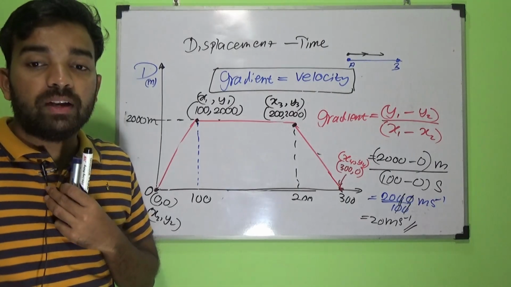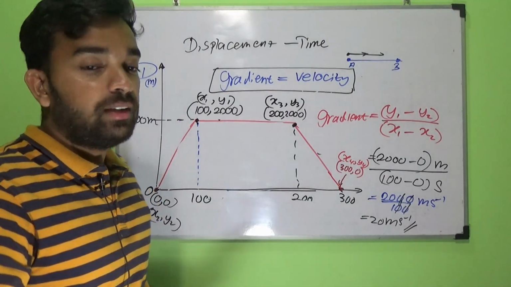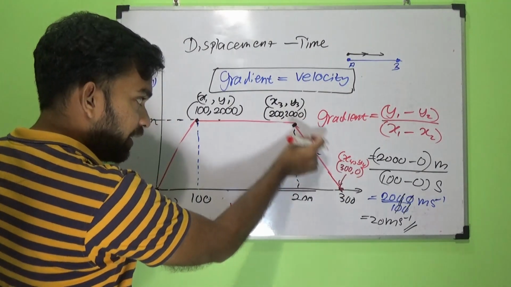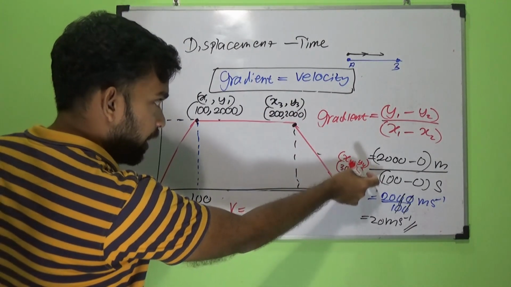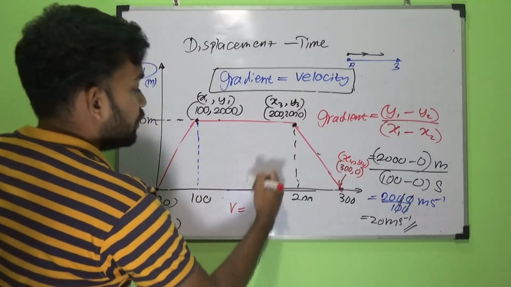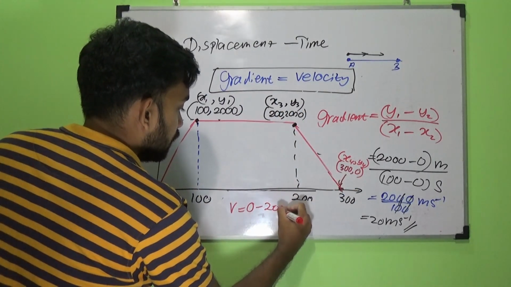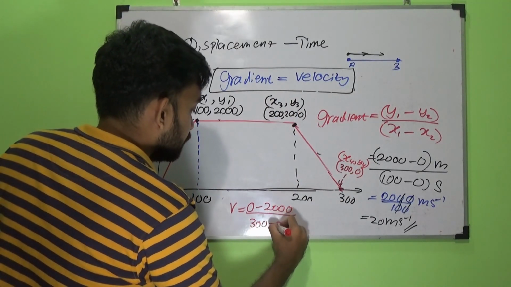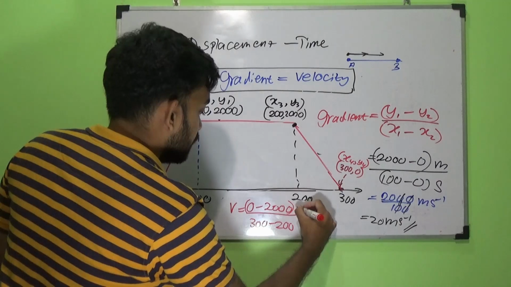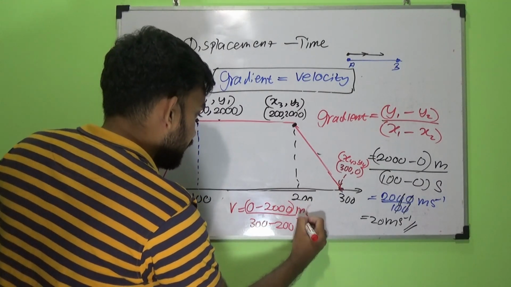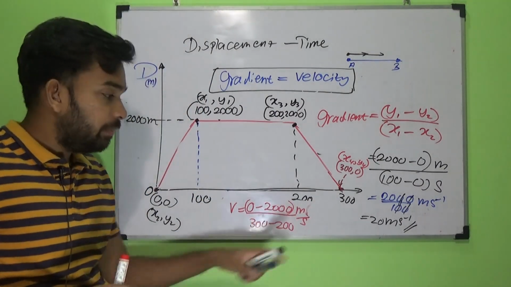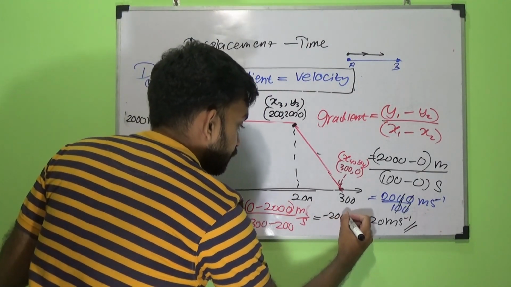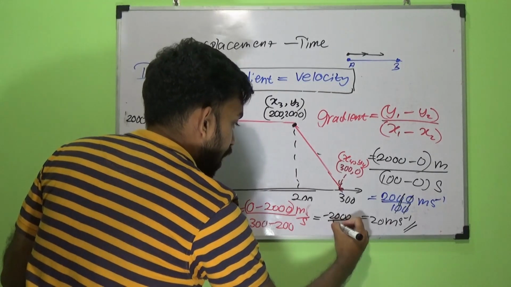So the velocity here is y4 minus y3, 0 minus 2000, divided by 300 minus 200. This is meters divided by seconds, displacement over time. So negative 2000 divided by 100.